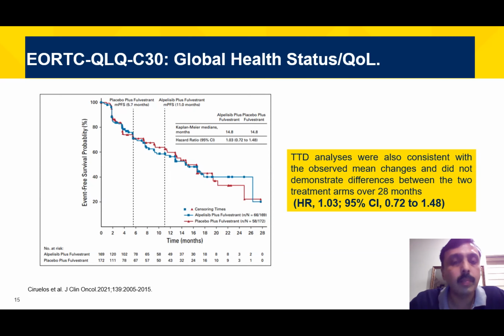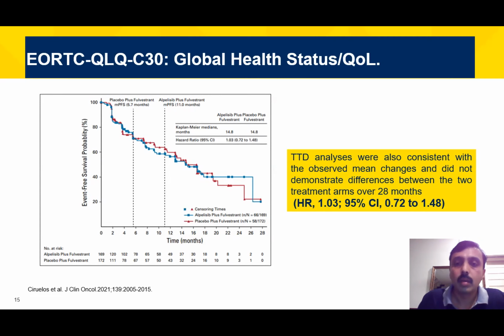The curves remained similar. Even though alpelisib had a better PFS, somehow the time to 10% deterioration of quality of life was not significant in the placebo arm either. So maybe some of the side effects balanced each other, and patients could live for a longer period. Maybe that was the reason why the curves were not different.